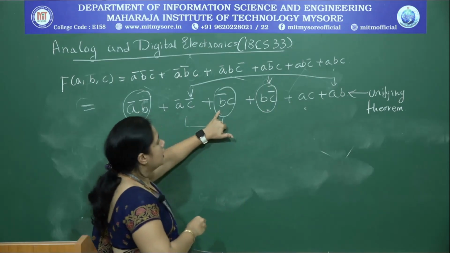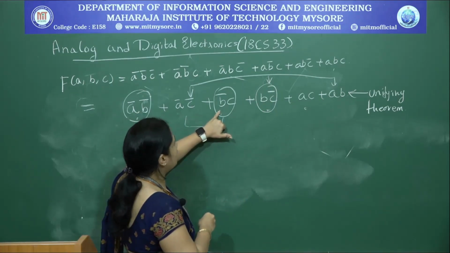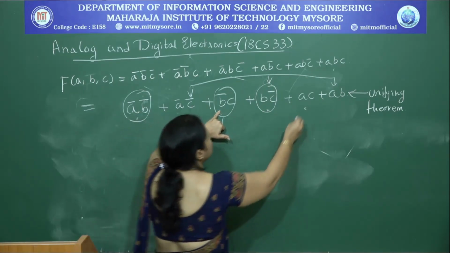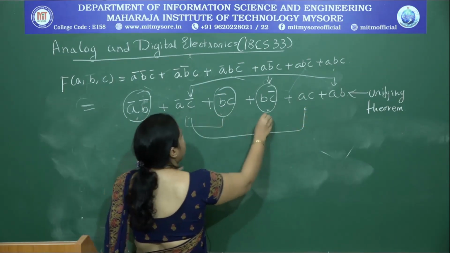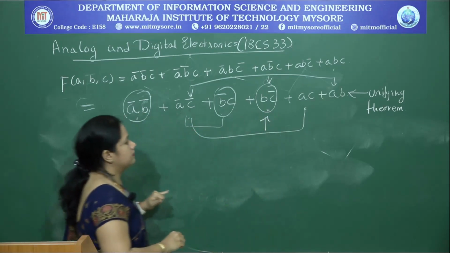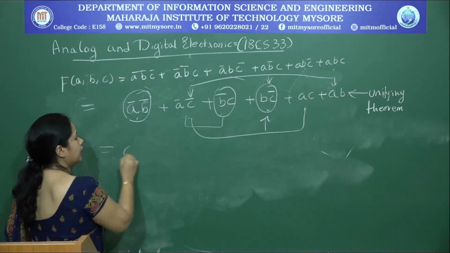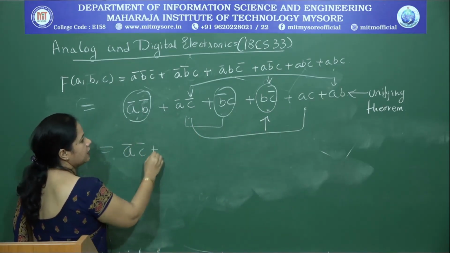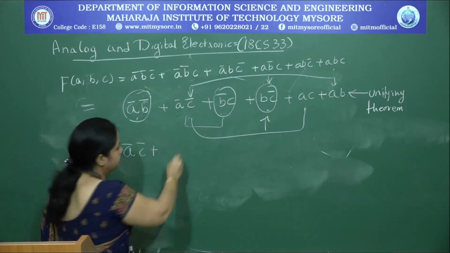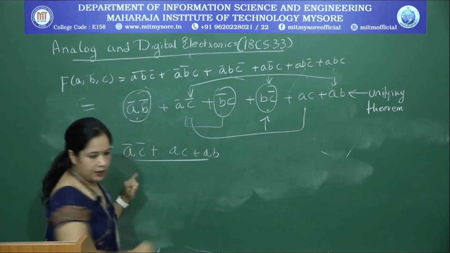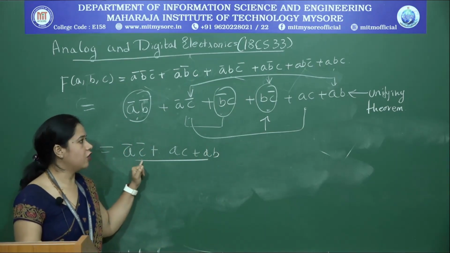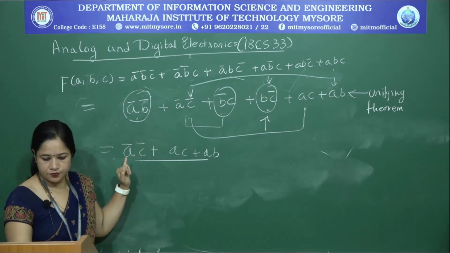And coming to this, we have A in its complemented and uncomplemented form. You can consider AC and A bar C, these two eliminate this particular term. As a result, I will be left with A bar C bar plus AC plus A. So, this happens to be the simplified form using this particular approach.